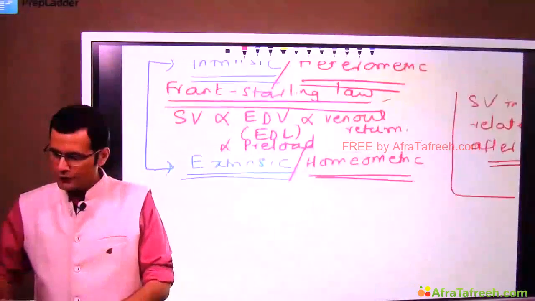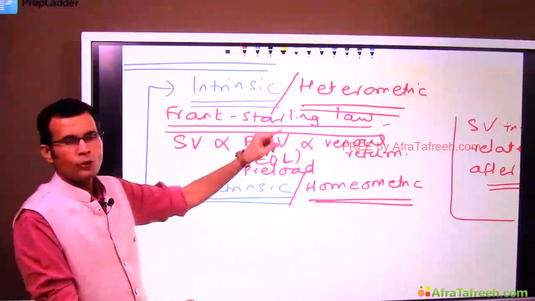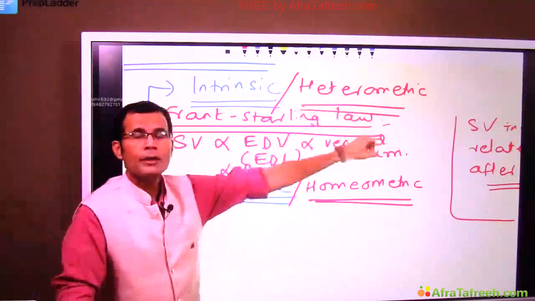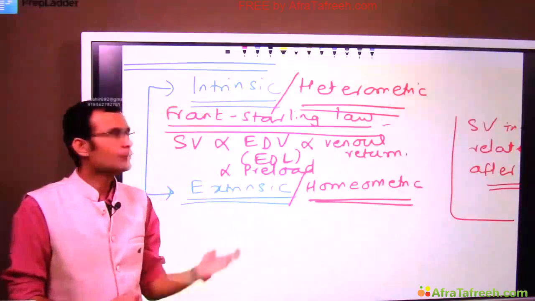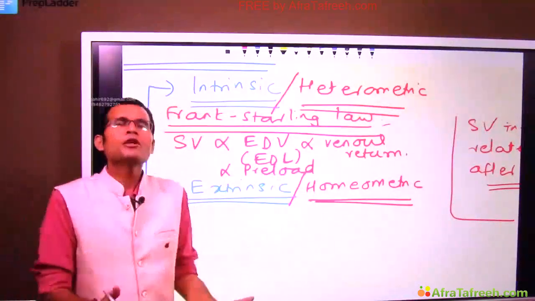The point here is these factors that we are discussing. The first factor, intrinsic or heterometric. You have noticed this point, that heterometric means by changing the length of the ventricular muscle fiber. That's why heterometric. And what is the meaning of that?